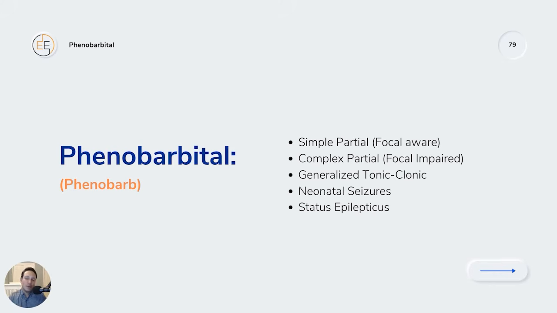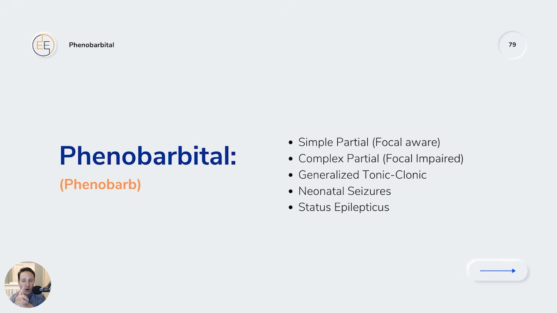So moving on to phenobarbital, or as I've always heard it referred to, phenobarb. Phenobarbital is a narrow spectrum ASM used in simple partial seizures, now known as focal aware, complex partial, now known as focal impaired, and generalized tonic-clonic seizures.